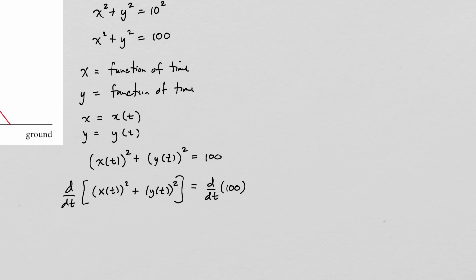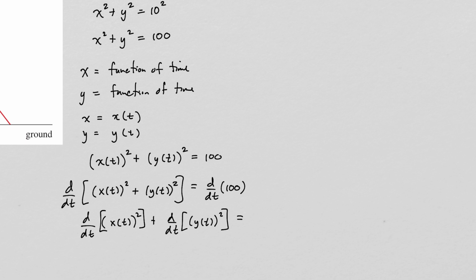So we are just going to apply the rules of derivatives. On the left-hand side, we can take the derivative with respect to time of x of t squared plus the derivative with respect to time of y of t squared.